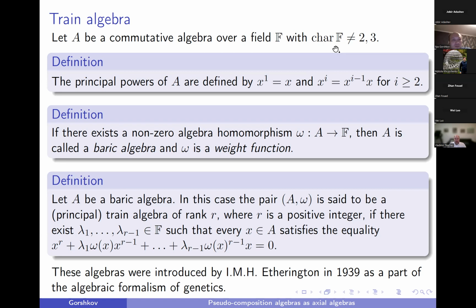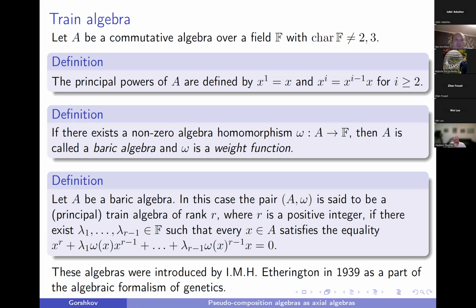Okay, now I need to define a train algebra. Let A be a commutative algebra over a field F of characteristic not 2 and not 3. Then we can define a principal power. In general, we cannot speak of the power of any element because, for example, x squared multiplied by x squared doesn't equal x cube multiplied by x.